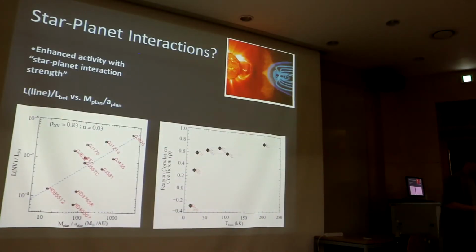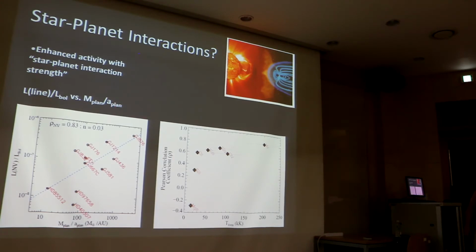One thing we also found, and we don't know if this is statistically significant yet, is that there seems to be more activity in nitrogen-5, a high ionization line, in the planets that have what she calls an enhanced star-planet interaction strength.